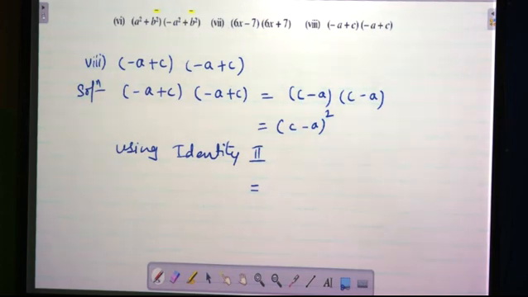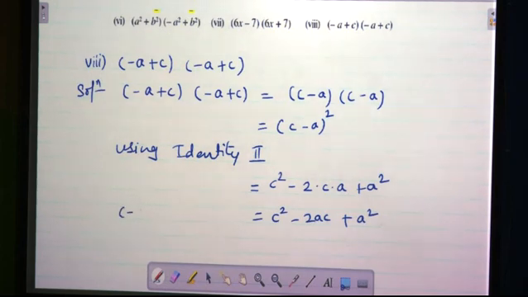So, it is c square minus 2ac plus a square. So, this is the answer. The final answer is c square minus 2ac plus a square.